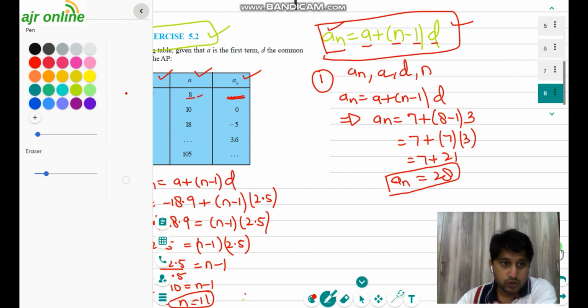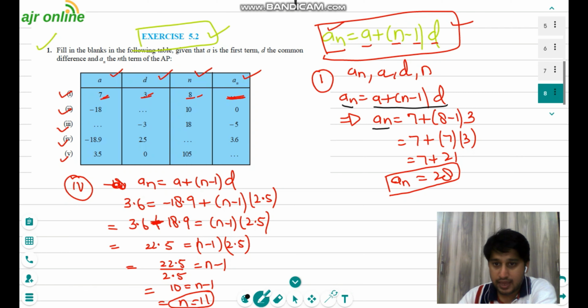We put a is equals to 7, n is 8, and d is 3. Then 8 minus 1 is 7, 7 into 3 is 21, 21 plus 7 becomes 28. So this answer will be 28.